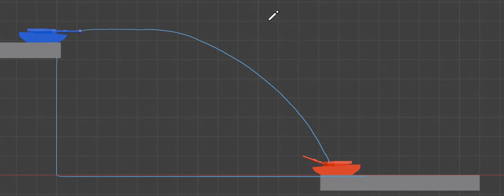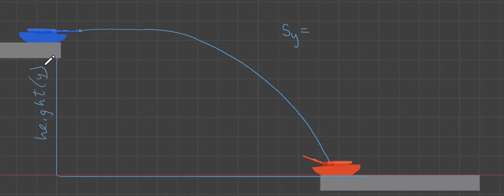The way that I can describe this curve that the projectile took is I'll write S_y. S is commonly used to denote position, and the subscript y means that I'm only looking at the projectile's position on the y-axis, which is the height here.